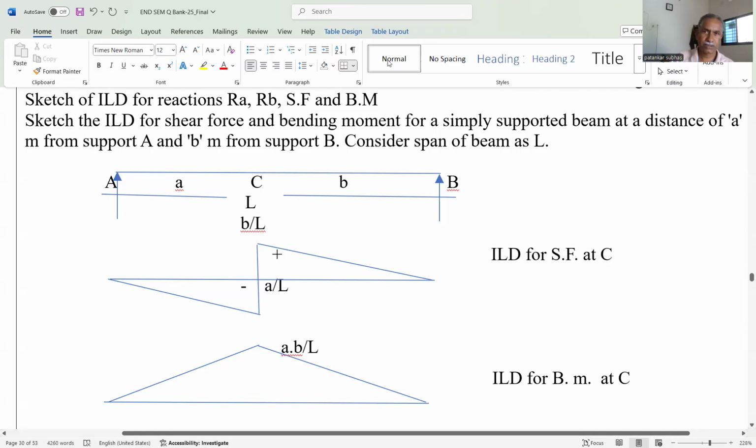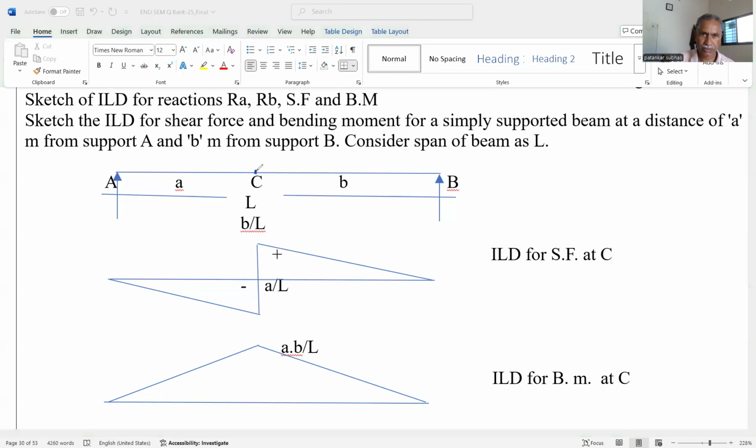This is the joint C. This is the point where we require the shear force and the bending moment.